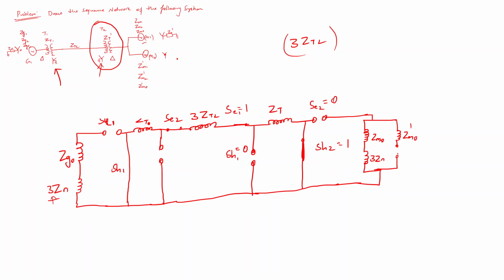Please remember that if the neutral is connected to ground, then the zero sequence exists. This is one of the points we discussed while taking the zero sequence. If it is not like this, as in the case of M2, we don't connect the sequence network.